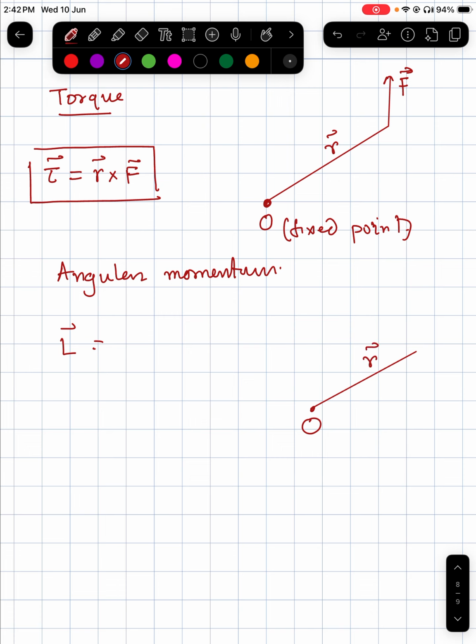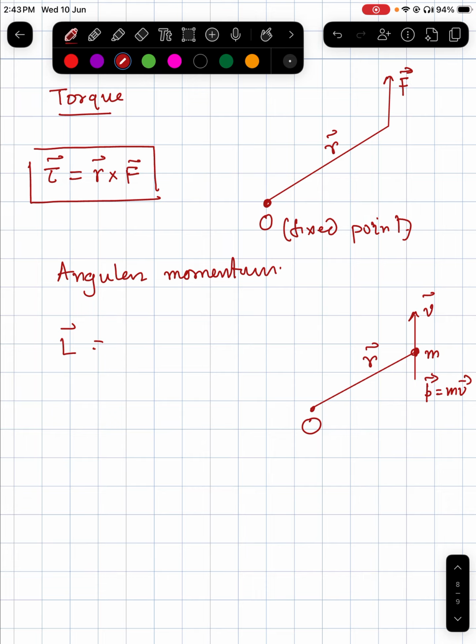So position of the particle, and it is moving along this direction, say, with a velocity v. If the particle has mass m, so the momentum at this moment is along the velocity, and is given by vector p equal to mv, right?